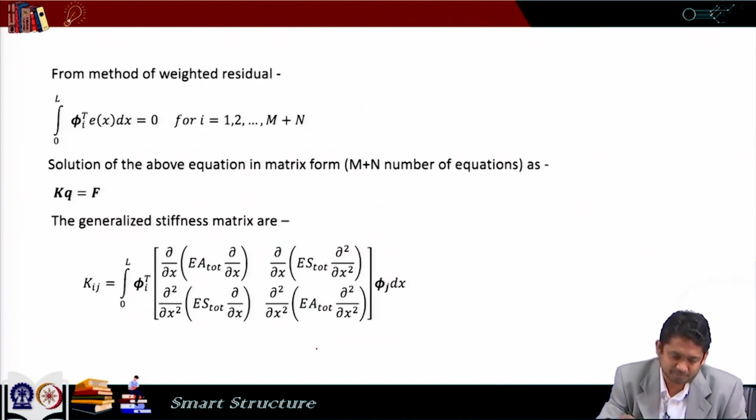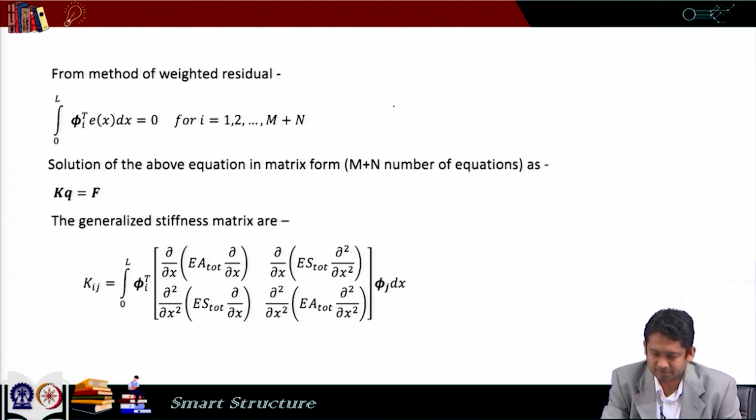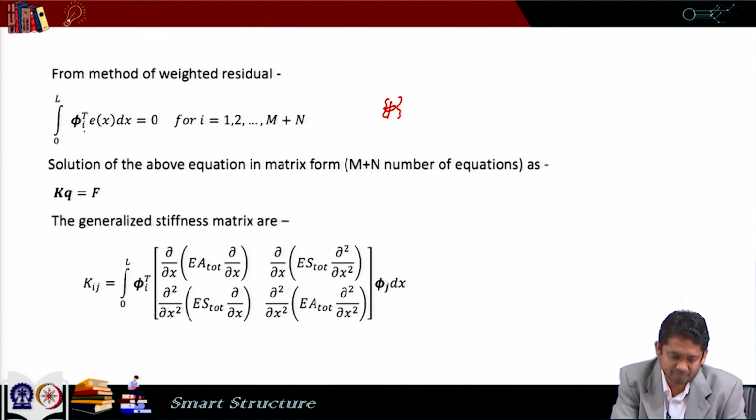Now, in this error function, if I multiply the transpose of the ith phi with the error function, and then integrate from 0 to L and equate that to 0, and we can do it for all these phi's, that gives me a total of m plus n equations, and those equations would have these q's as the unknowns.